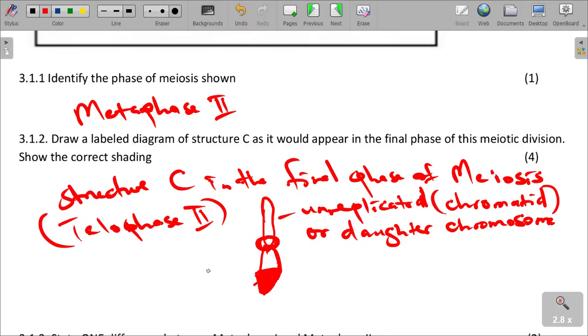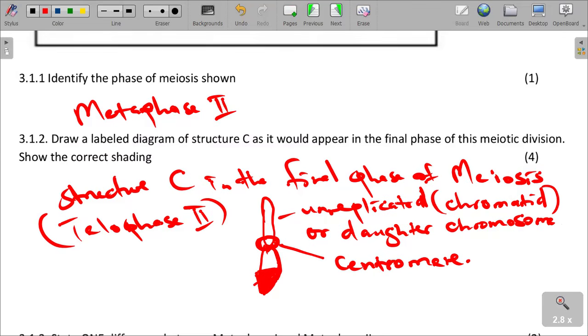Here we have the centromere. So the title is structure C in the final phase of meiosis.